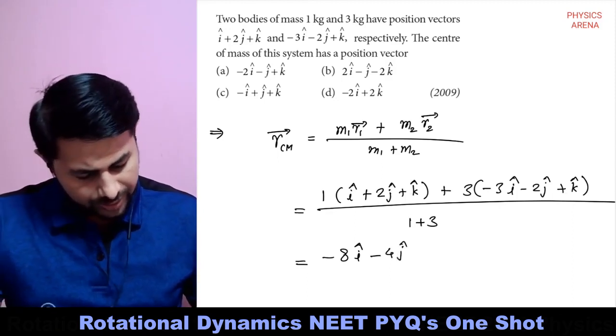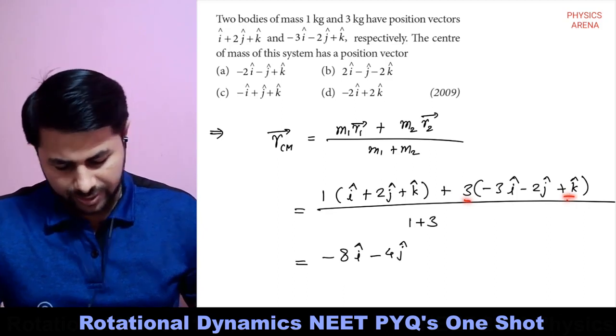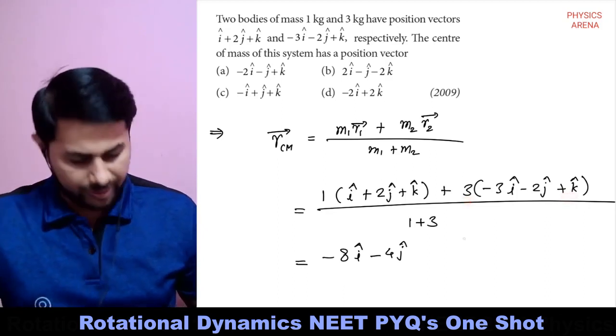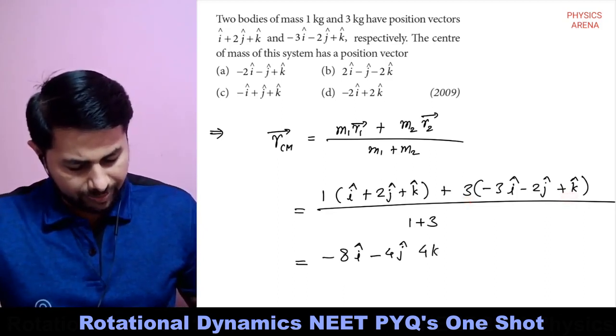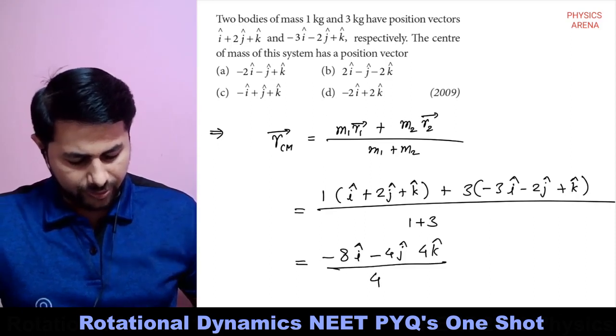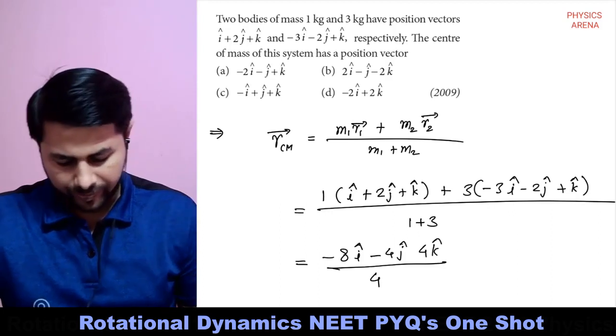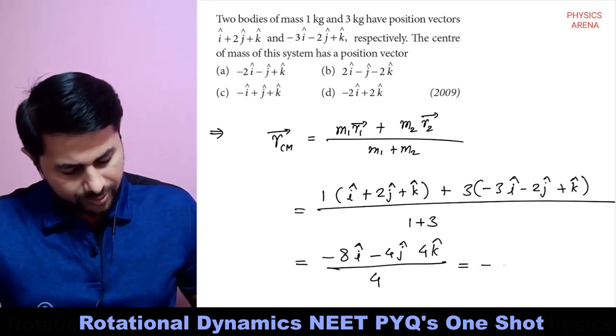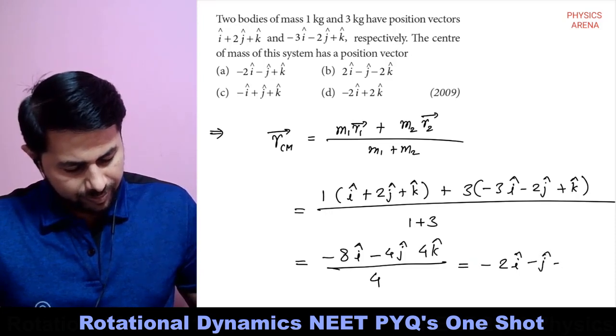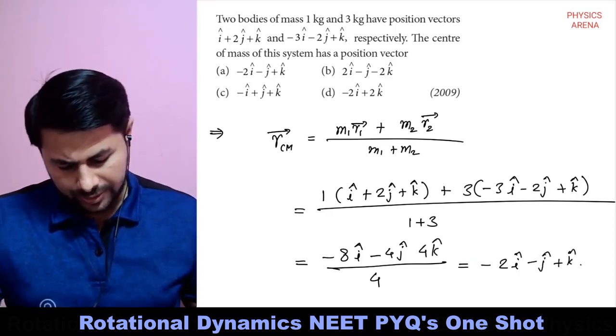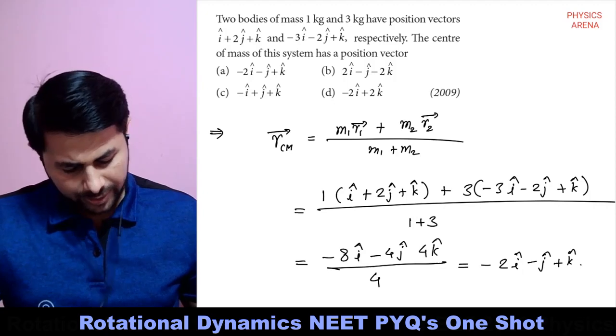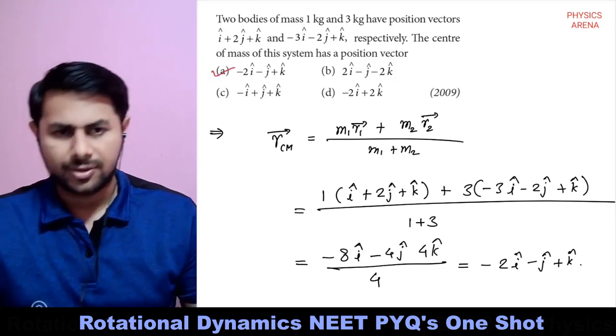Then k cap: 1, and 3 times 1 is 3, 3 plus 1 is 4 k cap, divided by 4. So that is minus 2 i cap, minus j cap, plus k cap. So option A is the answer. This is simple.